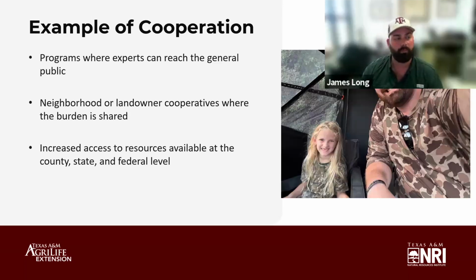Some examples of cooperation are programs where experts can reach the general public. So the US as a whole is changing. Again, like I said, states are seeing more population growth, more urban centers, and then a trend of people wanting to move out of urban centers into rural settings.